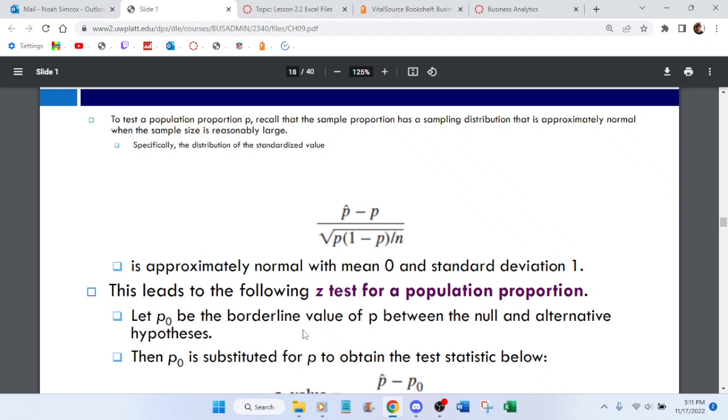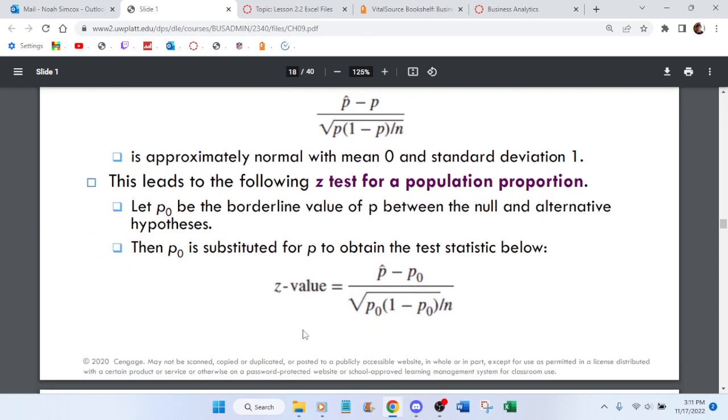The distribution of the standardized value, p hat minus p over the square root of p times 1 minus p divided by n, is approximately normal with mean 0 and standard deviation 1. This leads to the following z-test for a population proportion. Let p0 be the borderline value of p between the null and alternative hypotheses. Then p0 is substituted for p to obtain the statistic below.